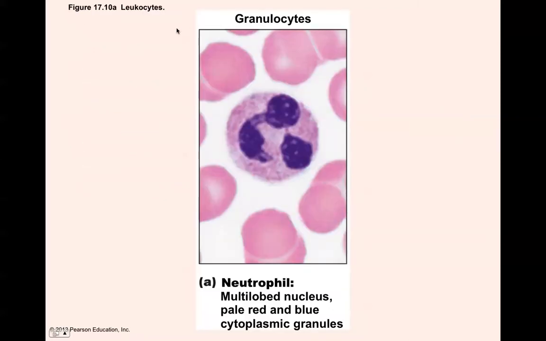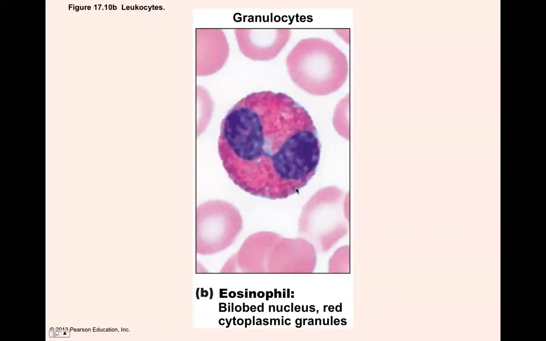And these are the pictures. Here's a leukocyte, the first granulocyte, the neutrophil. This has a multilobed nucleus and pale red and blue cytoplasmic granules, but it really has this obvious, unusually shaped nucleus. Multilobed means a lot of lobes. An eosinophil actually has a bilobed nucleus.